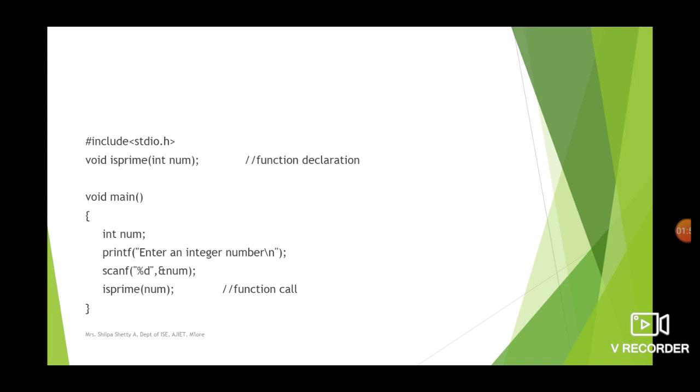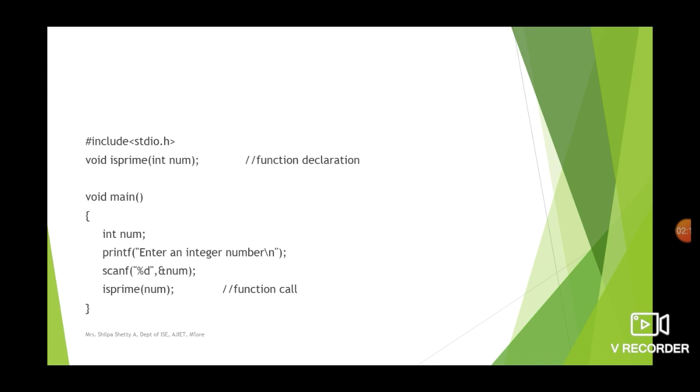Next, let us come to the main function, void main, and int num. This is the num declaration. We are declaring a variable called num, whose value is checked for prime number. So printf 'enter the integer number', scanf %d, ampersand num.